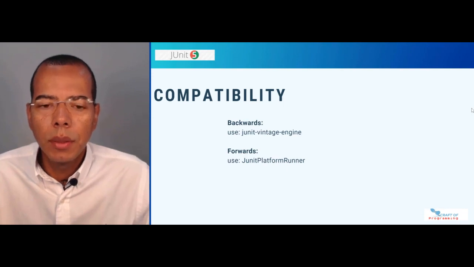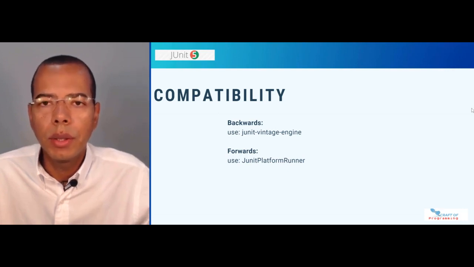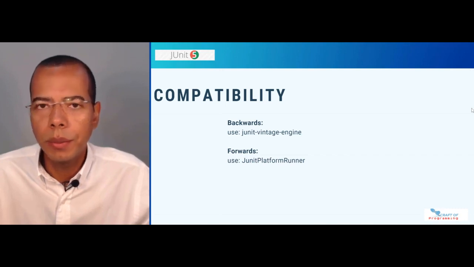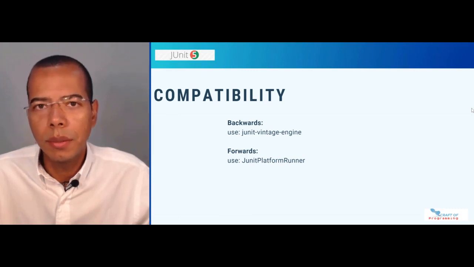So that's why this is provided. So forwards compatibility was a way that you could basically run your existing JUnit tests on the JUnit 5 platform engine in IDEs that didn't yet support JUnit 5.